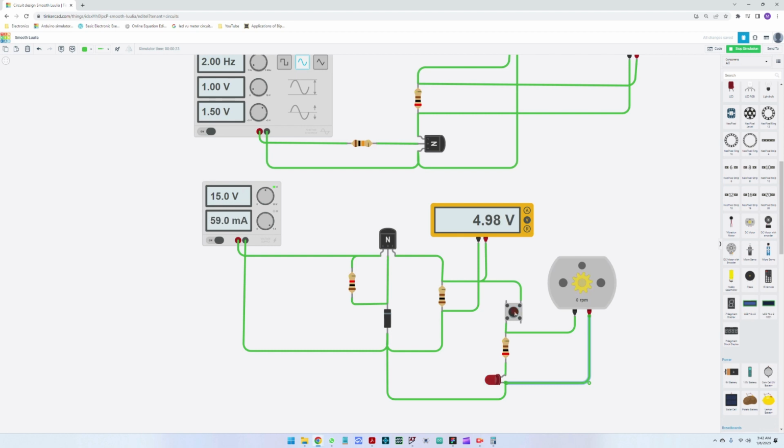Voltage drop between pushing the button, between having 152 milliamps and 58.9, so this is a 100 milliamp load. The voltage drop here for 100 milliamps is 40 millivolts, so it's insignificant. So this is a very, very good voltage regulator circuit.